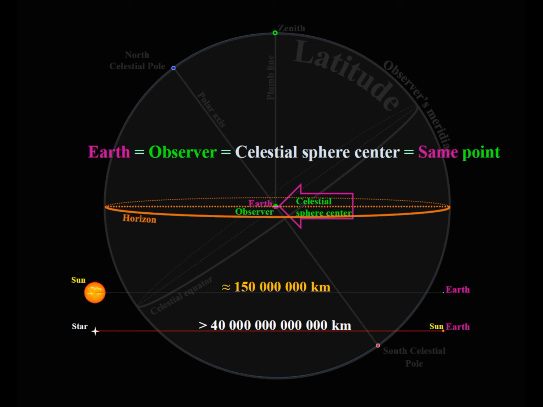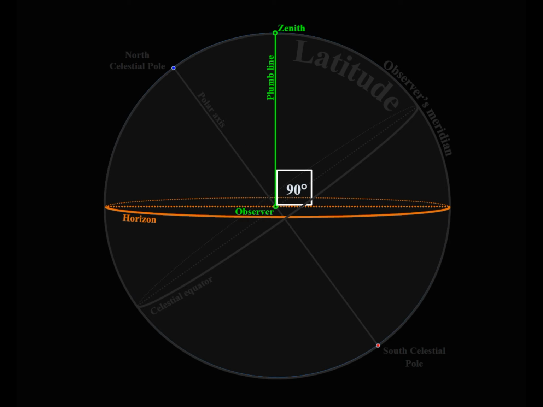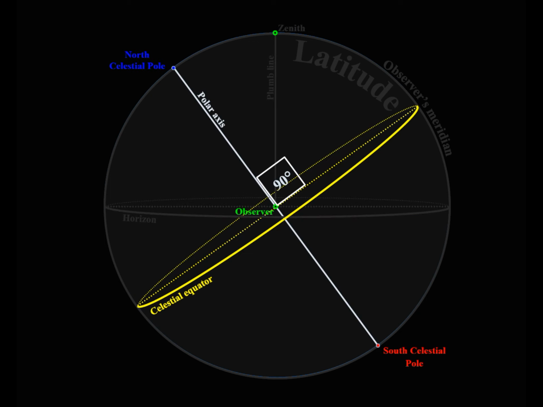The observer is located at the center of the celestial sphere and represents the common center for two coordinate systems. The horizontal coordinate system is formed by the horizon and the plumb line, and the equatorial coordinate system is formed by the polar axis and the celestial equator.